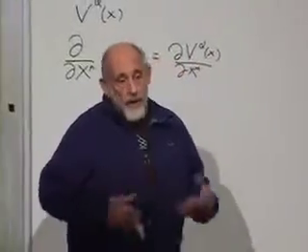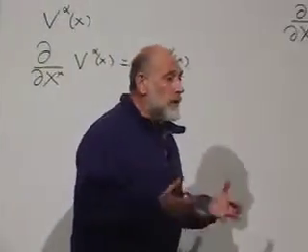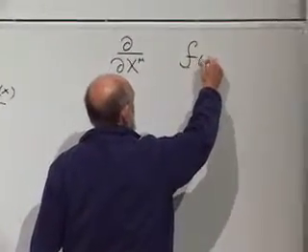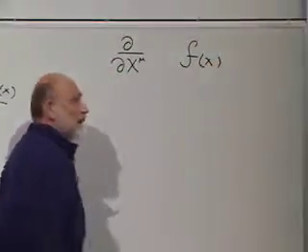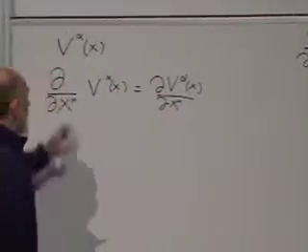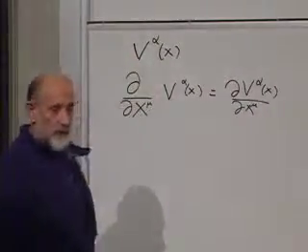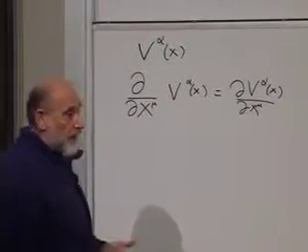Another kind of operator doesn't differentiate. It might just multiply a function by another function. So just multiplication by any function of x: take any function of x and use it to multiply your starting function. That's another operator that you can do.